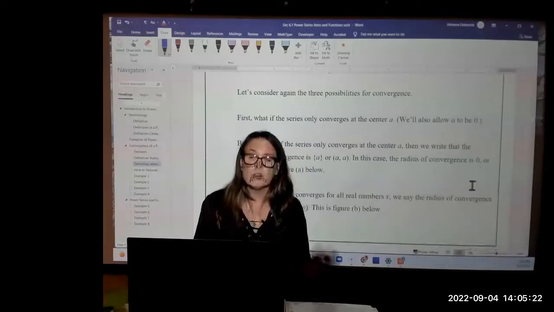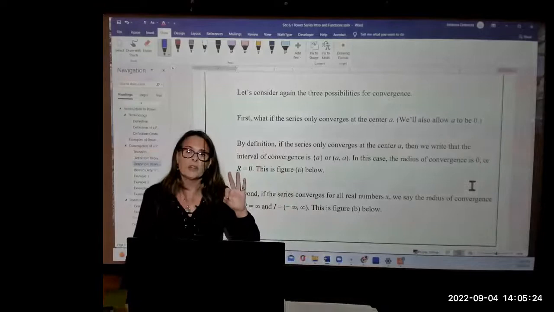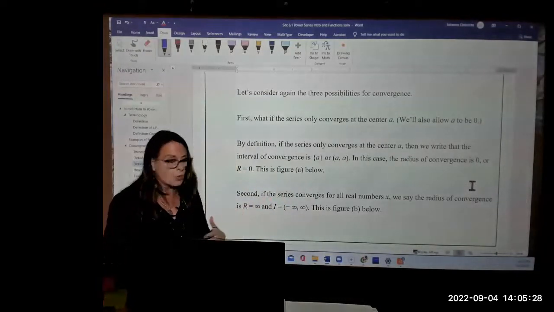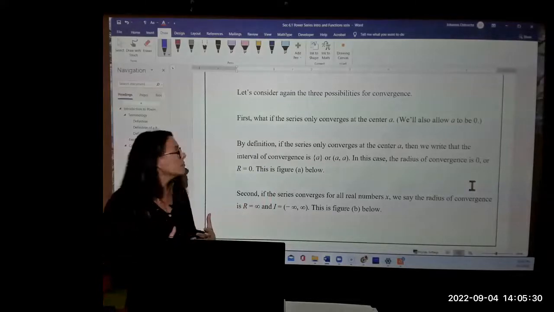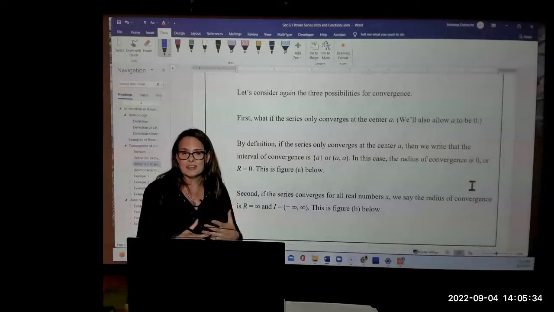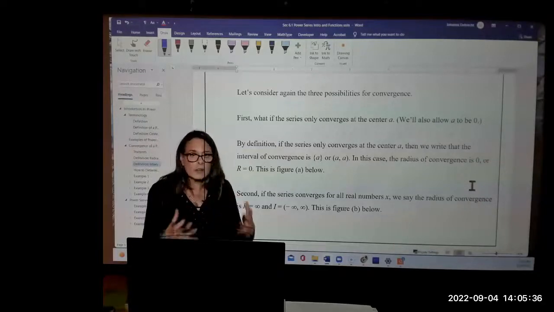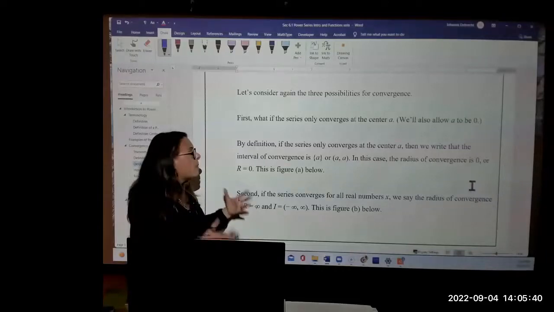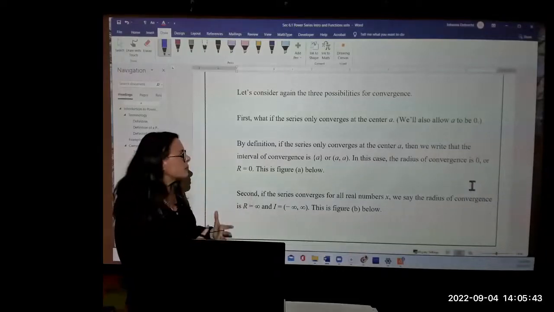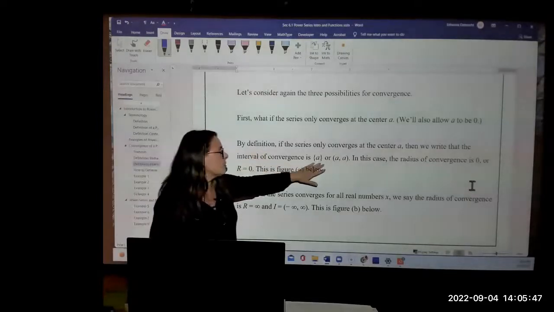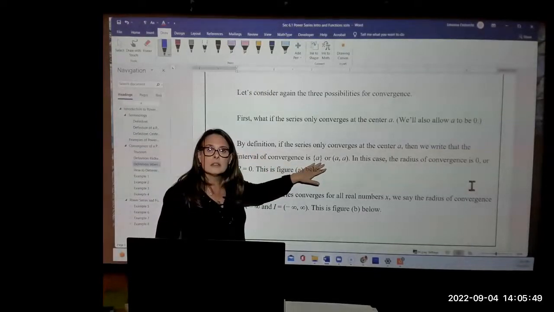Let's again consider those three possibilities for convergence that came out of that theorem, all right? So one possibility, of course, is that the series only converges at the center, a. Now, we could allow a to be 0, so we're including both of those cases. By definition, if it converges only at the center a, then we write that the interval of convergence is {a}.